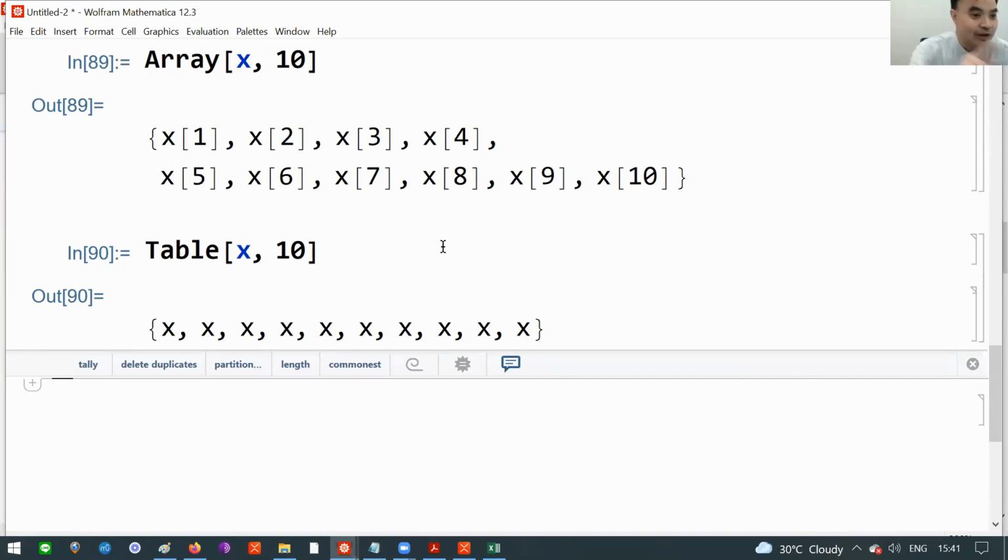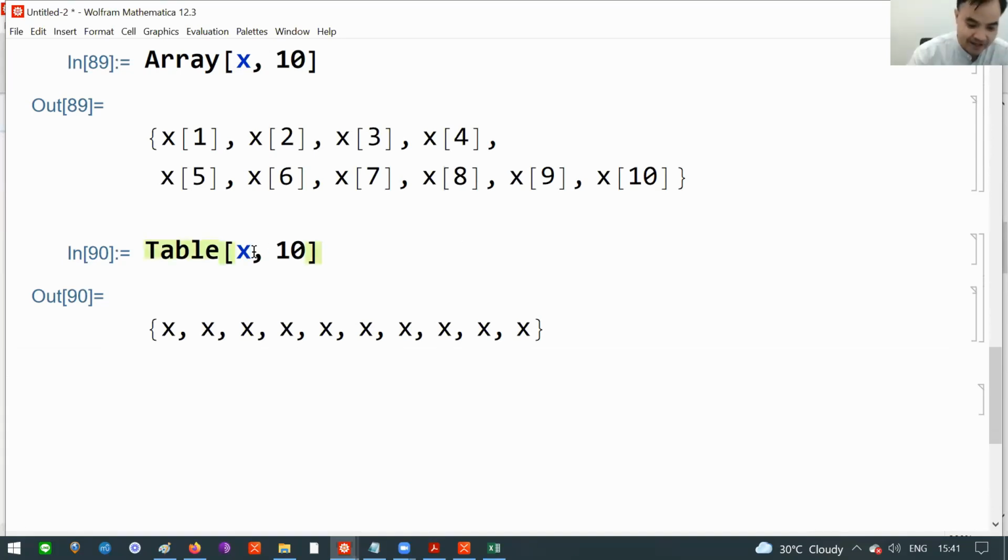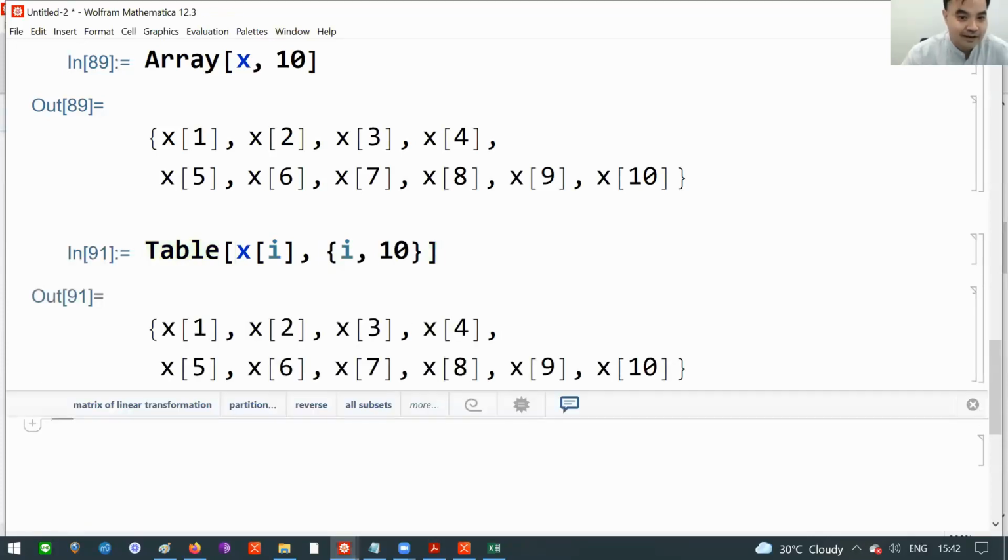Now, if I want to make the table like an array, what I have to do is define it differently, like x of i, and then i from 1 to 10. Now it's the same. Okay, so these are different placeholders. These are different ways of dealing with a list of numbers.